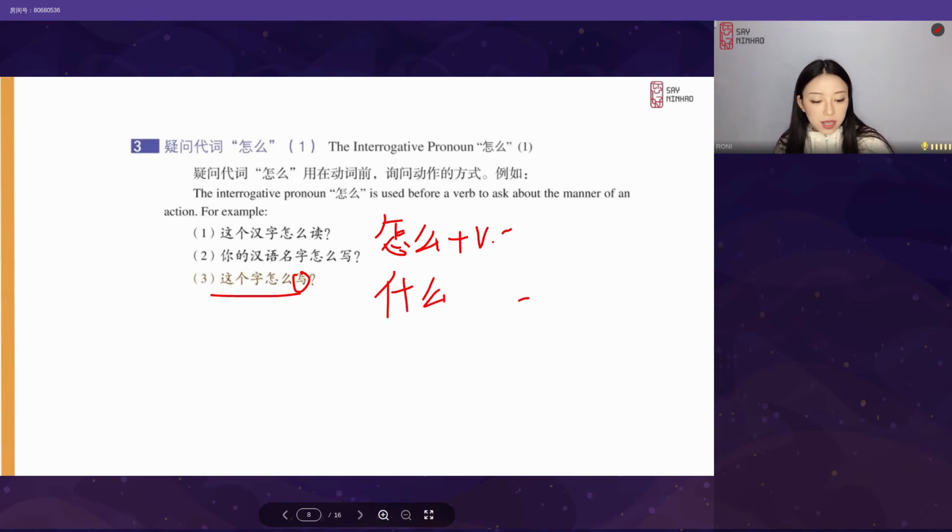One is 怎么, one is 什么. 什么 means what and 怎么 means how. The biggest difference between these two is 怎么 plus a verb and 什么 plus a noun. After 什么, there is always a noun. We are asking about what thing. And after 怎么, how, we will put a verb after it.